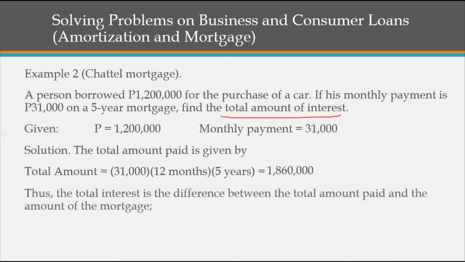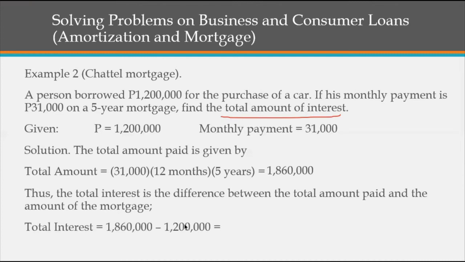Thus, the total interest is the difference between the total amount paid and the amount of the mortgage. So, kuhanin lang natin yung difference ng total amount at nung given fee. Total interest natin, 1,860,000 minus 1,200,000.